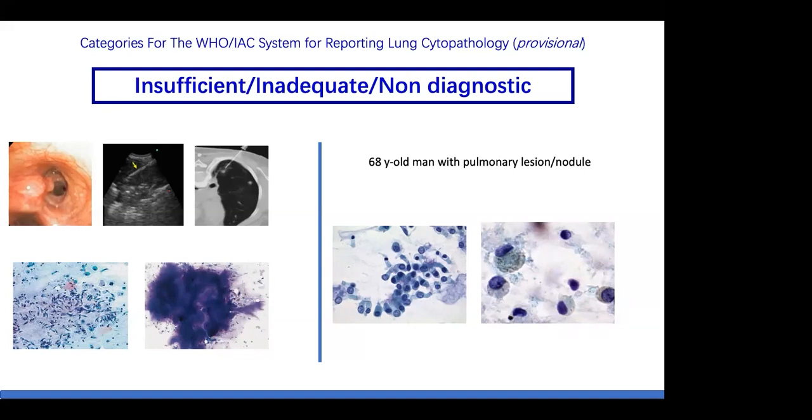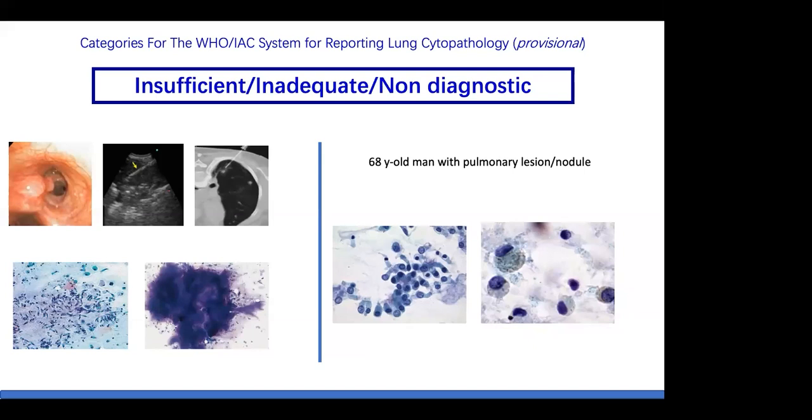One thing is that, on your left side, we have a well-defined mass. Fine needle aspiration was performed. The needle was inside the mass. You were there, doing rows. And then we look at your slides and there are just some bronchial cells or just some cartilage or just some macrophages.